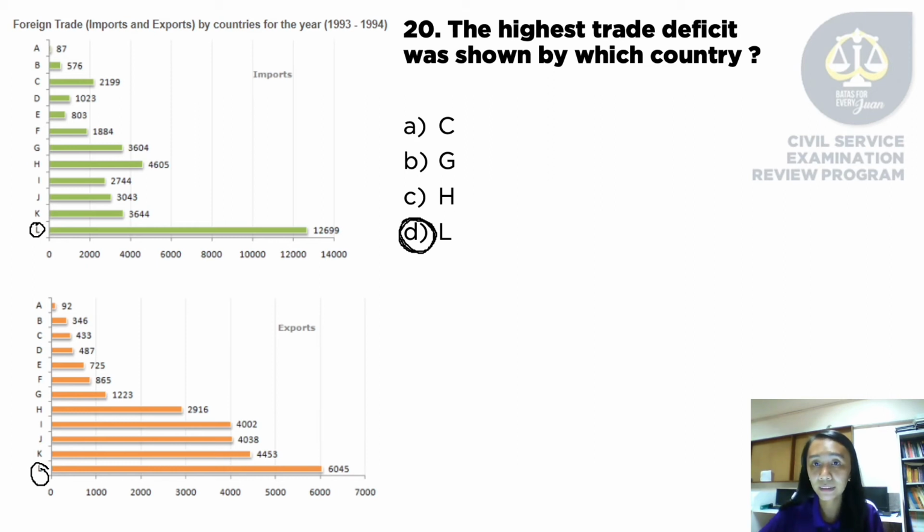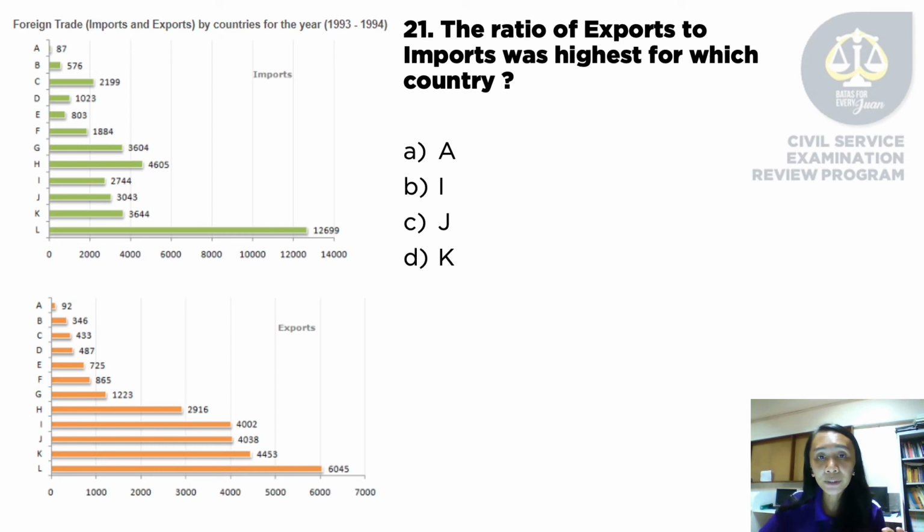Next, number 21. We are looking for which country the ratio of exports to imports was highest. To answer this, we just need to get the ratio of these four countries. It's a ratio of exports to imports. The export of country A is 92 over 87.